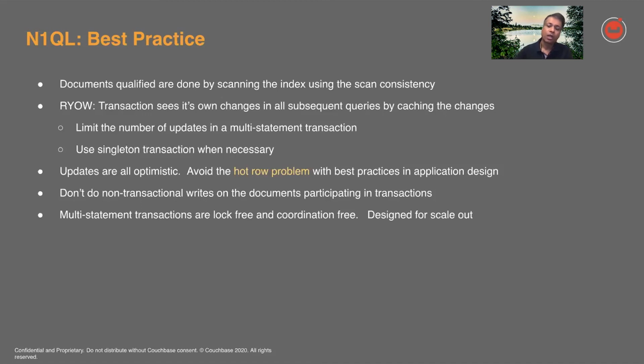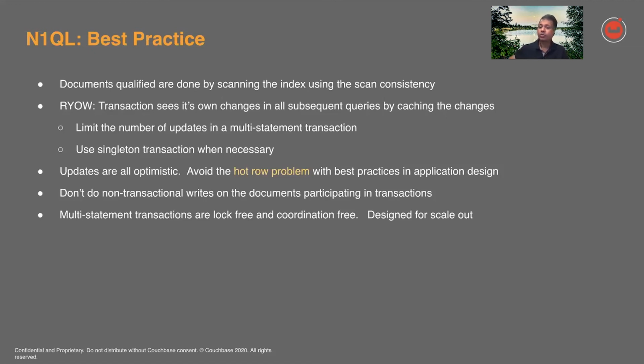There is no option for you to wait in the middle of the transaction. They go ahead with the optimistic approach, but then they see there's a conflict between the cache they have versus the cache that was seen during the commit. So you have to design your application to avoid the hot row problem. Don't do any non-transactional writes on the documents participating in the transaction, and this can lead to lots of issues.